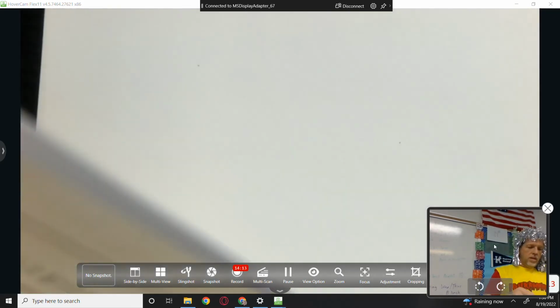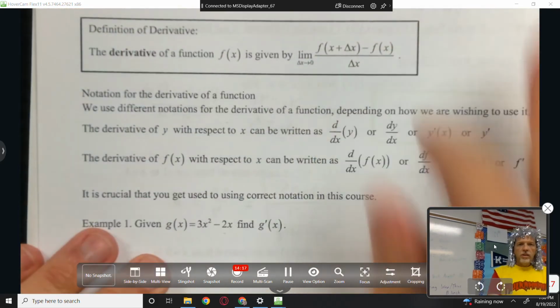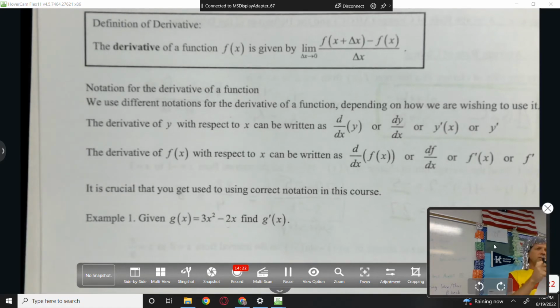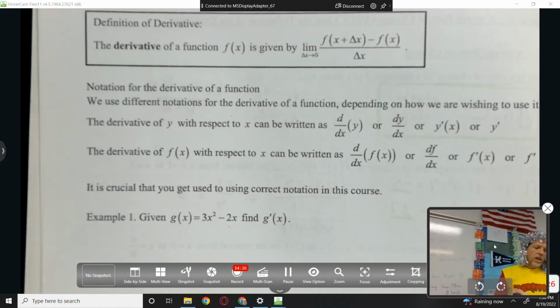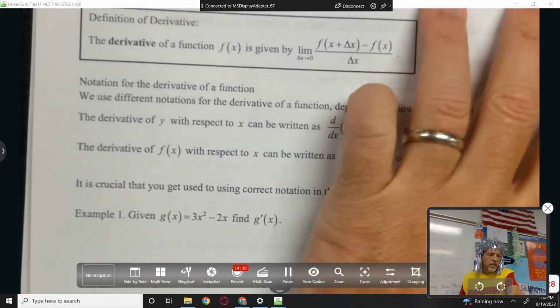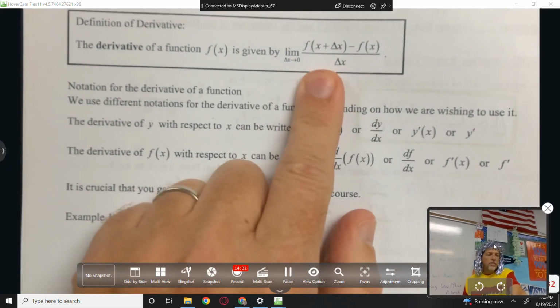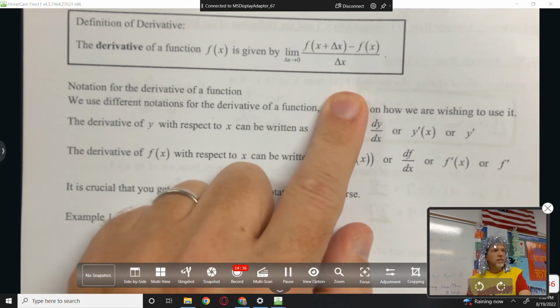Right, let's turn the page. There it is again, nice and spelled out, typed up neatly in case your handwriting wasn't great. The definition of the derivative of a function is the limit as delta x goes to 0 of f of x plus delta x minus f of x, all over delta x.